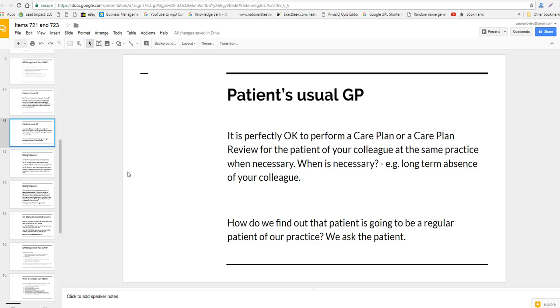The patient, John, might say, yes, I've just moved into this area and I will be coming here regularly. I will be seeing GPs at this practice regularly. That means that John has an intention to be a regular patient of this practice in the next 12 months or so.